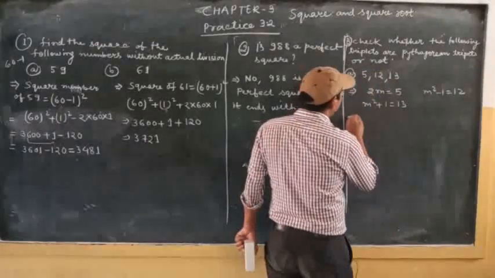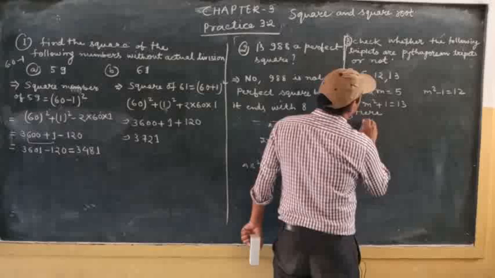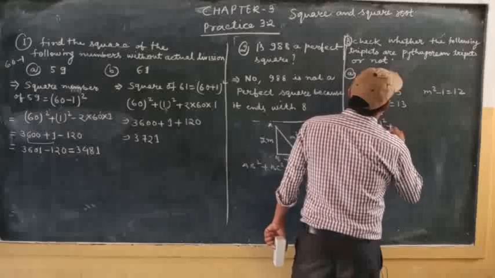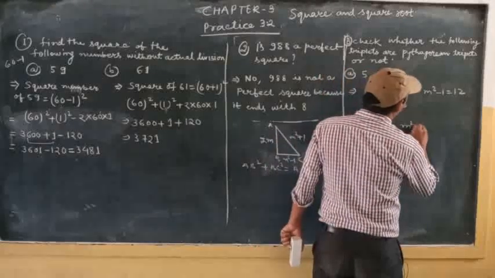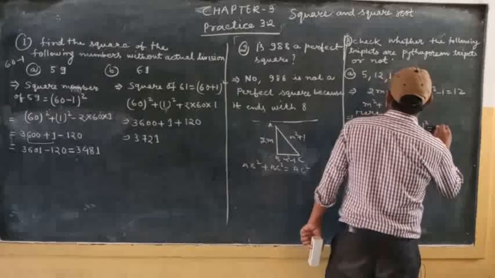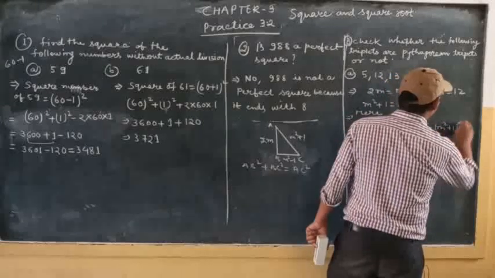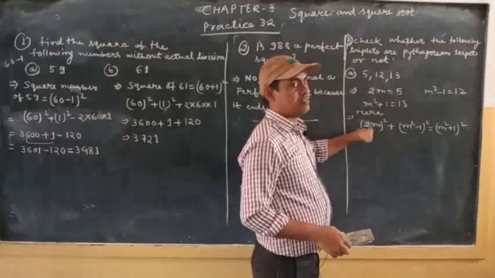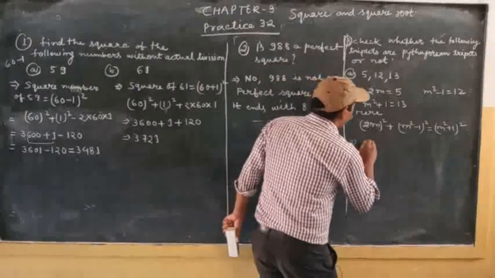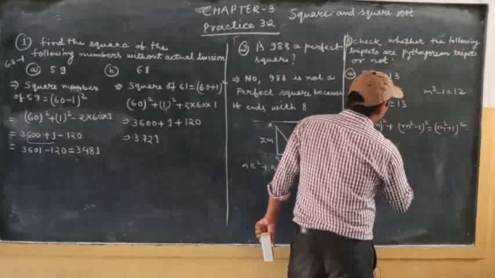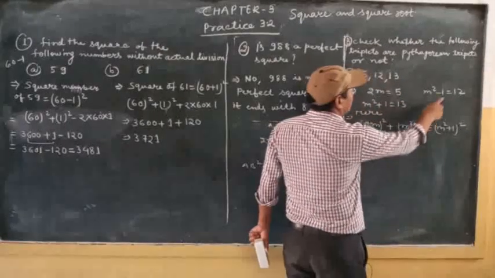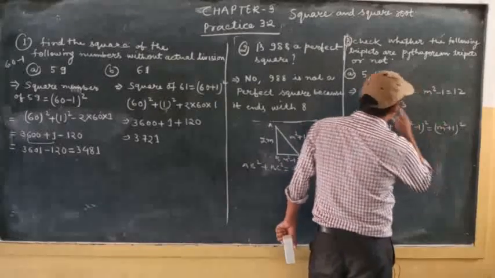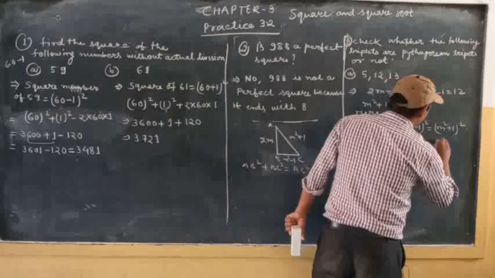Now (2m) square plus (m square minus 1) square is equal to (m square plus 1) square. Here 2m is 5, so we take 5 square; m square minus 1 is 12, so we take 12 square; and m square plus 1 is 13, so we take 13 square.